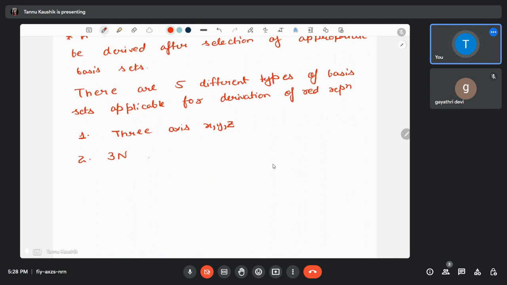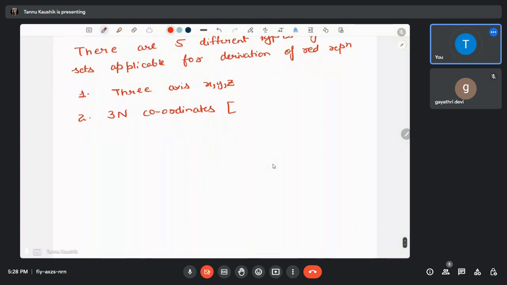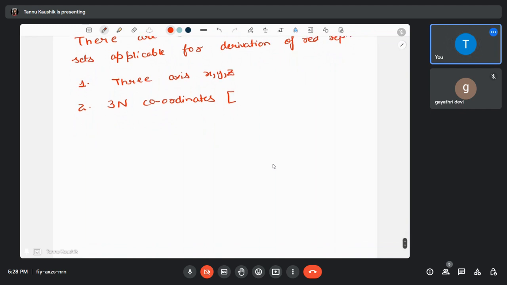Second is 3n coordinates. So 3n coordinates here means all of the atoms present in the molecule. The coordinate system for each of the atoms is specified in this basis set.